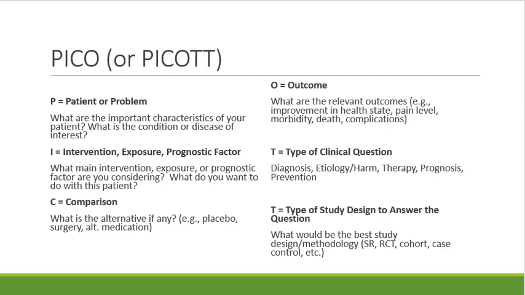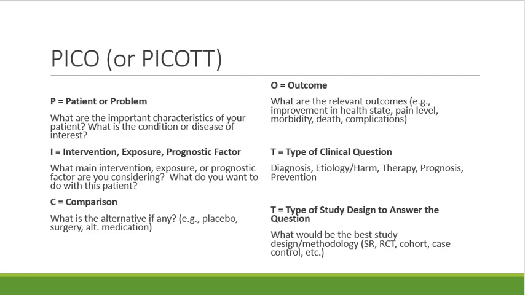Now, the other two here, the T's, these are components to help you think about what type of clinical question you are interested in. That's the first T. Is this a therapy question, which probably for the vast majority of you is going to be what you're interested in? Or is it going to be something different, like diagnosis? What's the best way to diagnose a particular condition?